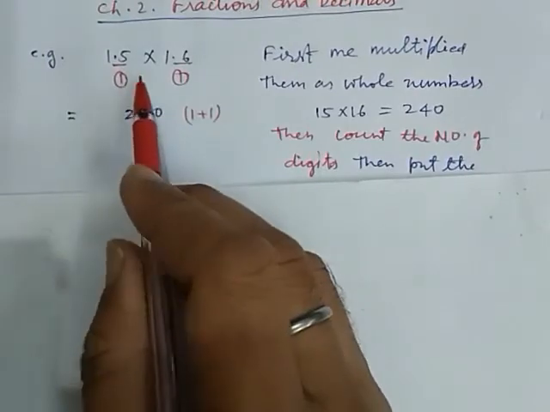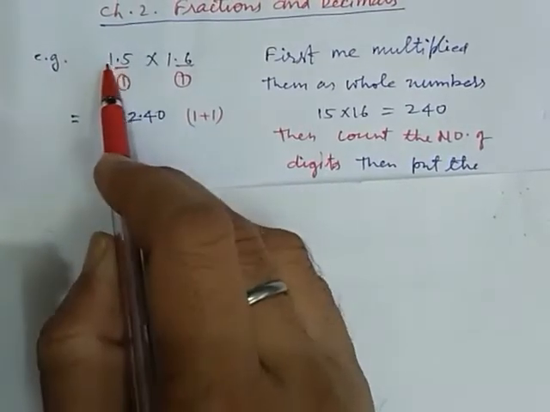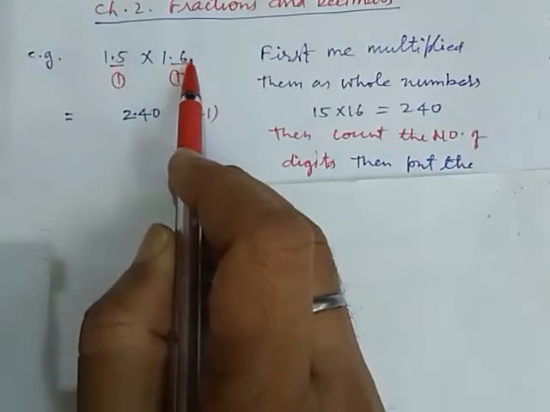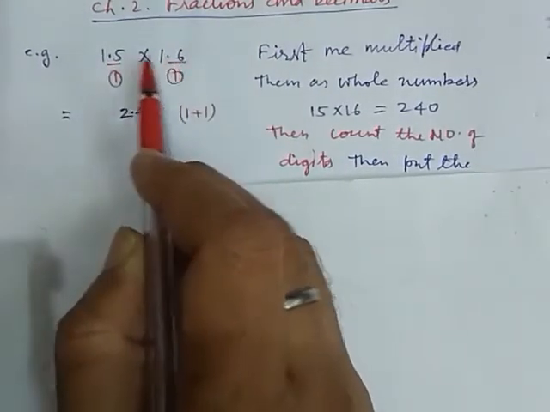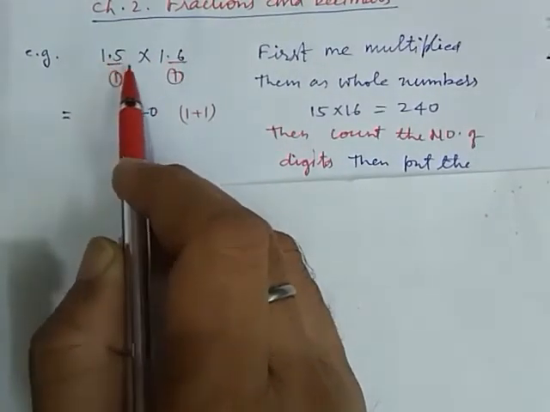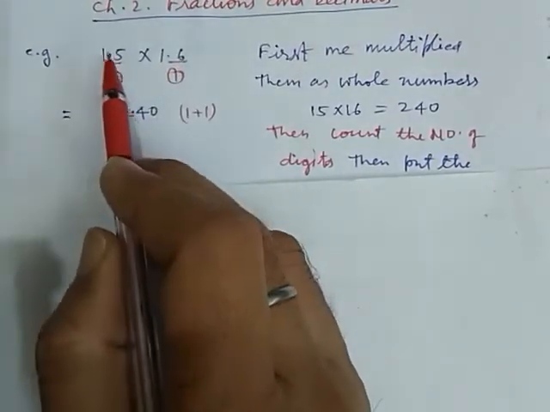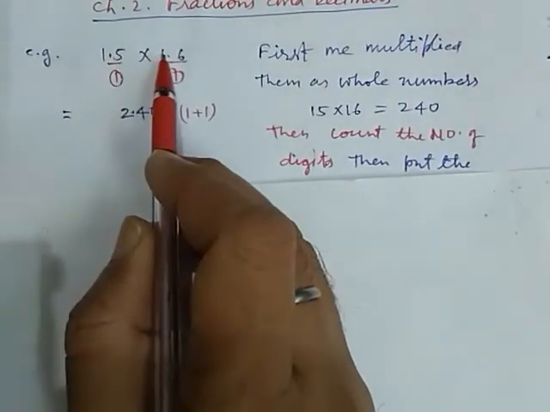Again I repeat this, 1.5 into 1.6, both having a single digit after the decimal. So first we multiply them by ignoring these decimals.